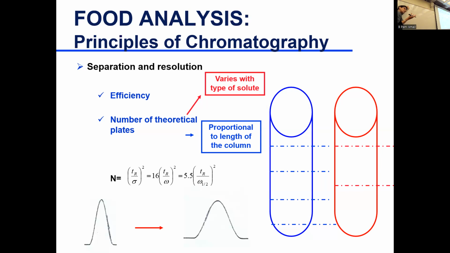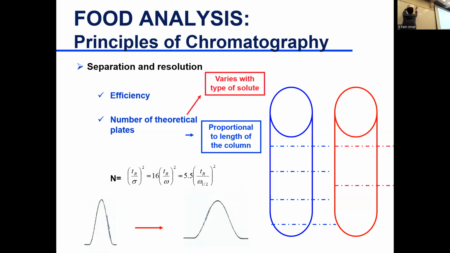But in reality, what's happening is when you put your sample, the components in the sample are going to reach equilibrium. And every time they reach equilibrium, it is a theoretical plate. And that's how they move down the column and elute.